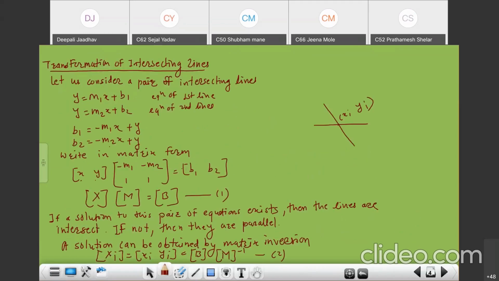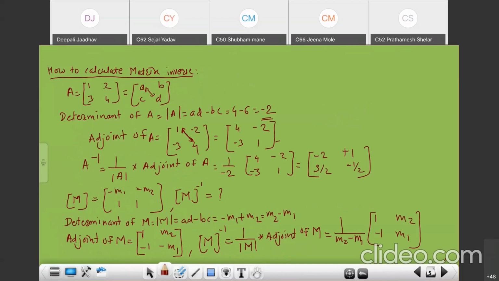How do we identify the intersection point? (xi, yi) is equal to B into M inverse. We know that B is b1, b2. We know M and we know B, but we need M inverse, and we have calculated it using the adjoint of the matrix and the determinant of the matrix.